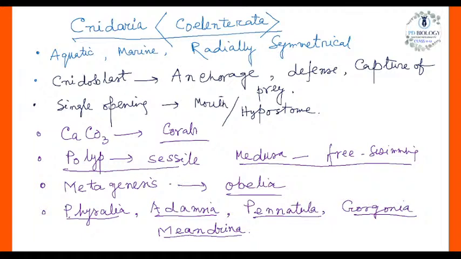So Physalia is called the Portuguese man of war, Adamsia, sea anemone, Pennatula, sea pen, Gorgonia, sea fan, and Meandrina, brain coral. Moving to the next group. So the next group is Ctenophora.